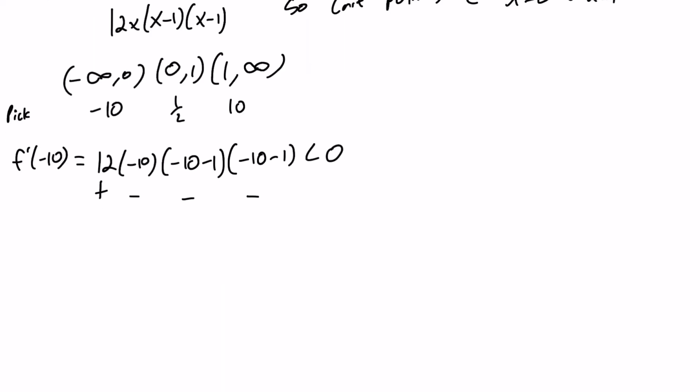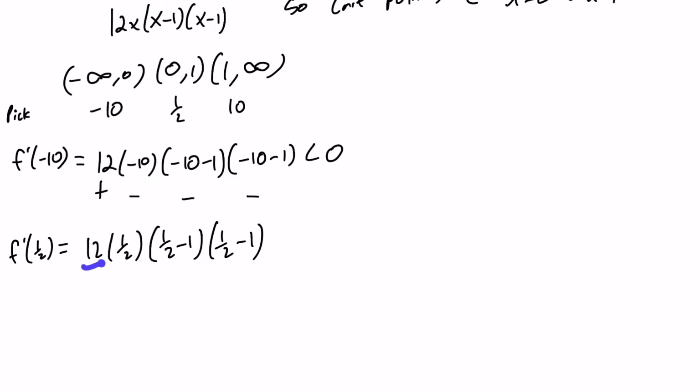And we can do similar things for our other values. If you plug in f prime of a half, we get 12 times a half times a half minus 1 times a half minus 1. And is this going to be positive or negative? Well, this 12 is positive, 1/2 is positive, 1/2 minus 1 is negative, 1/2 minus 1 is negative.